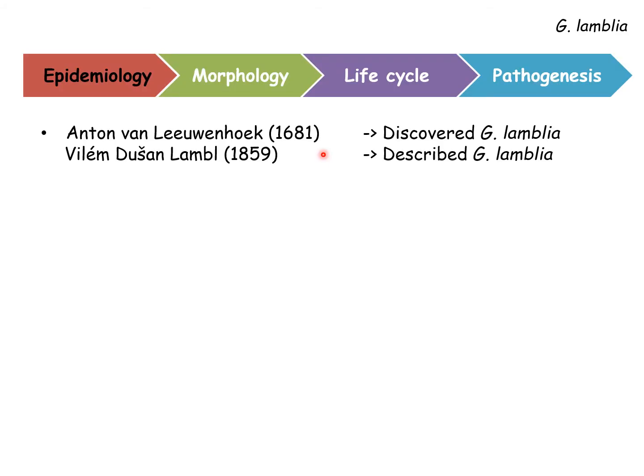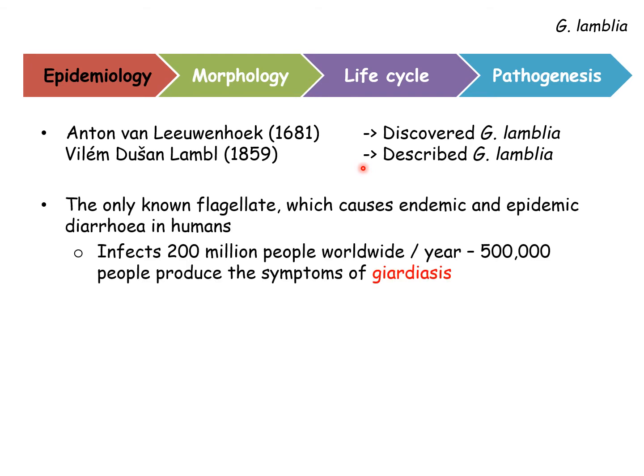Giardia lamblia was first discovered by Leeuwenhoek in 1681, and then Lambl was the first one who described the presence of these parasites. This is the only known flagellate that causes endemic and epidemic diarrhea in humans. Every year, about 200 million people get infected, and 500,000 people develop the symptoms of giardiasis.